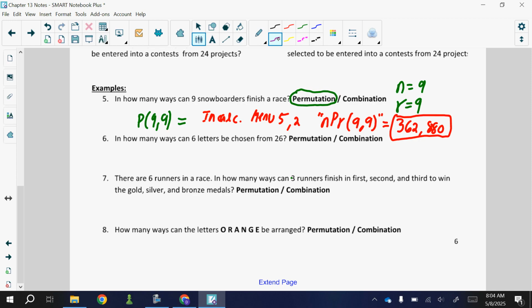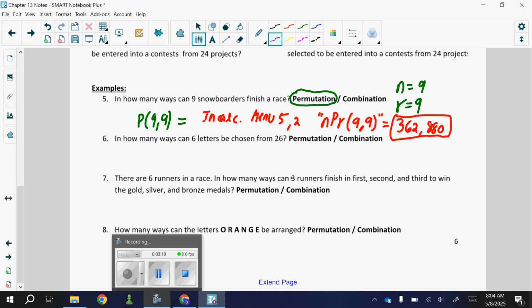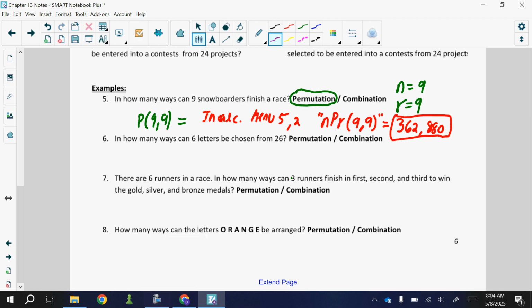Okay, moving on to example 6. In how many ways can 6 letters be chosen from 26? Okay, this one's slightly tricky, but order actually does not matter here, so it's a combination. Now, the way this was written, it almost could have been a permutation.